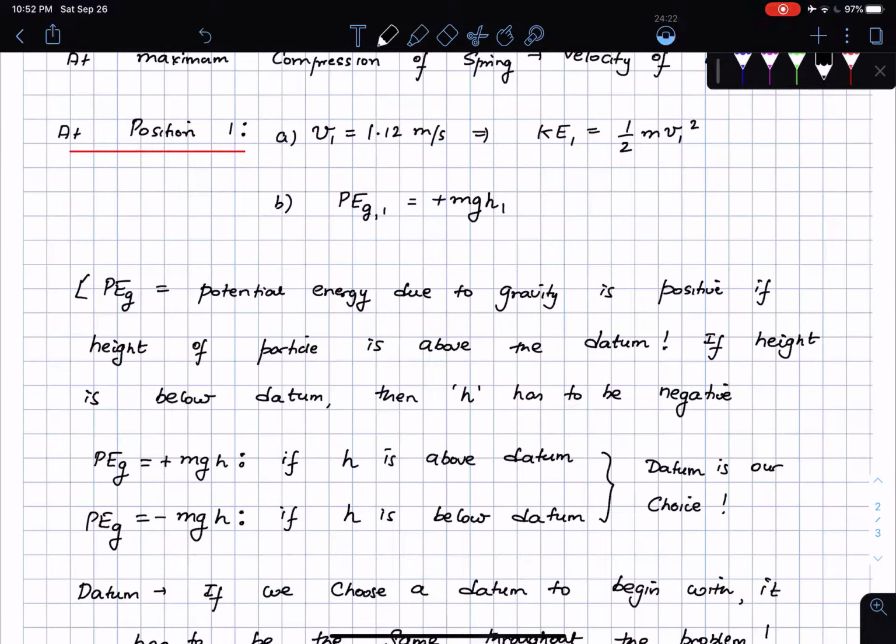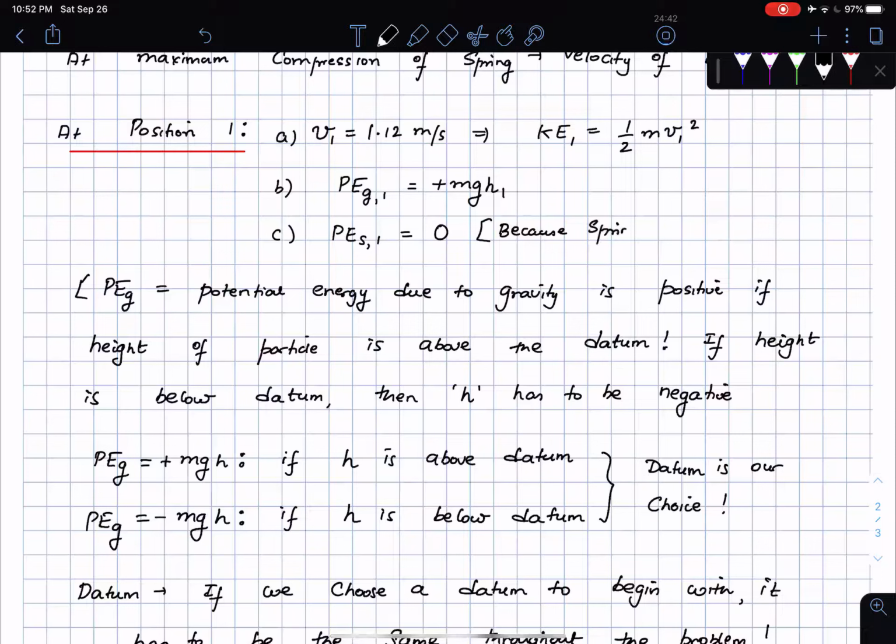Then I also look at the potential energy due to the spring at position 1. At position 1, the spring is unstretched, so this is equal to 0. I mean, there is no spring at position 1, first of all.